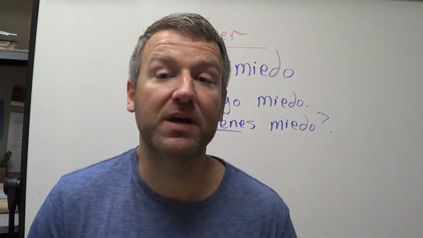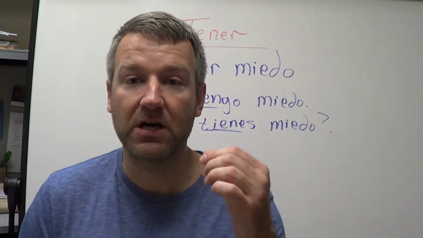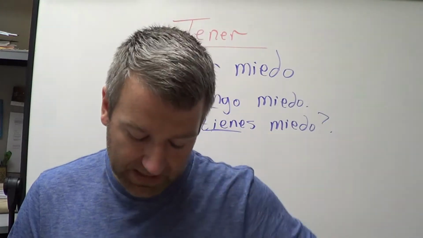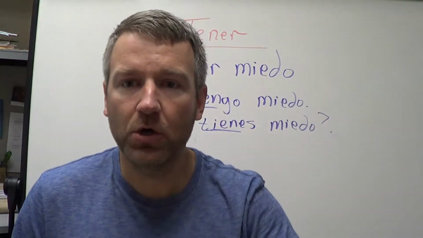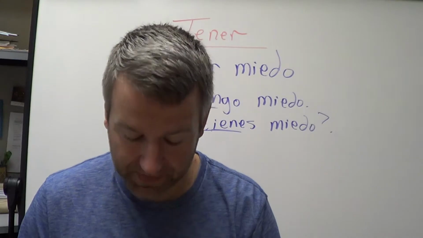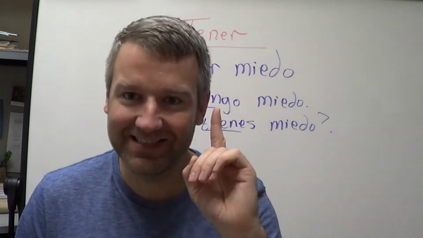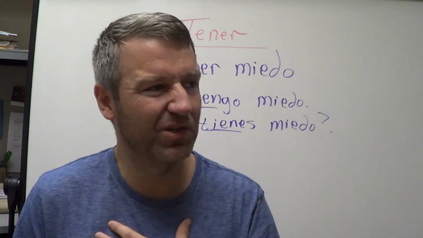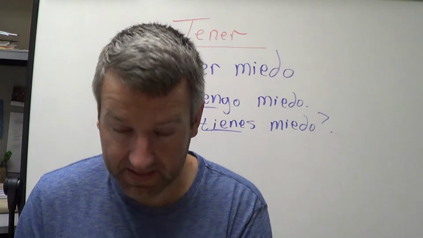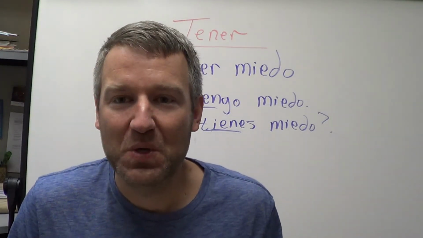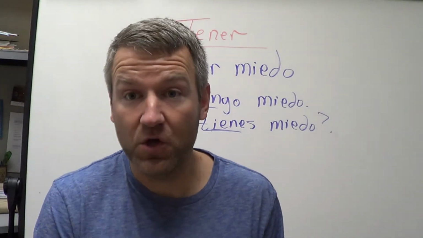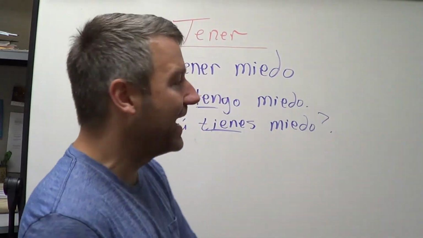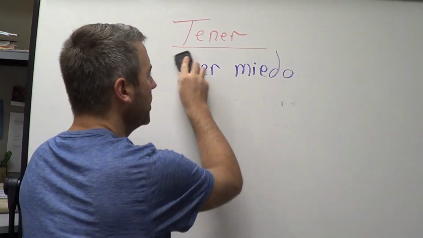So some of those expressions that we had, for example, the one we already talked about, tener sueño, to be sleepy. Tener prisa, to be in a hurry. Tener razón, to be right. No tener razón, to be wrong. And then tener miedo, to be afraid. Also, I gave you 2 extra expressions that the book doesn't have right now, and you can go ahead and start learning these.